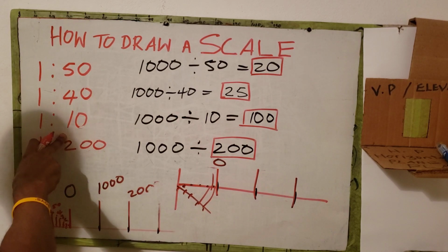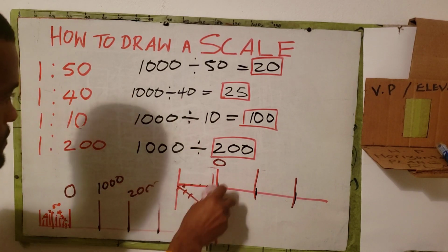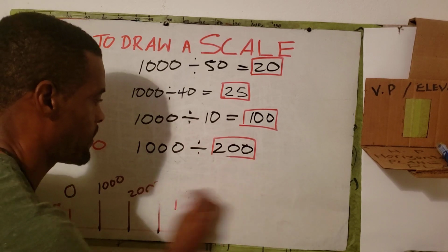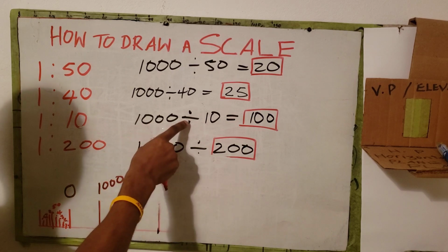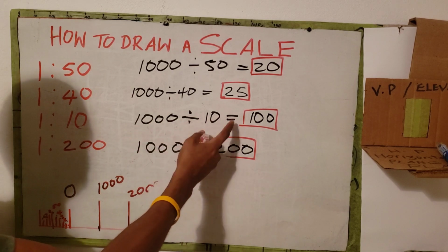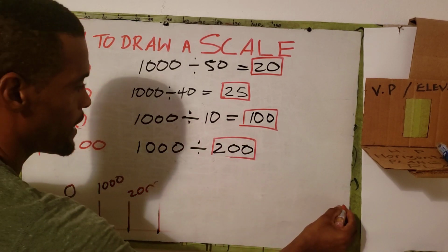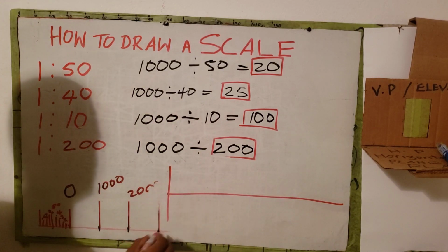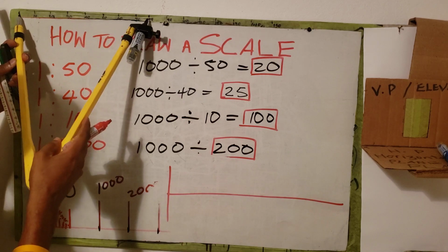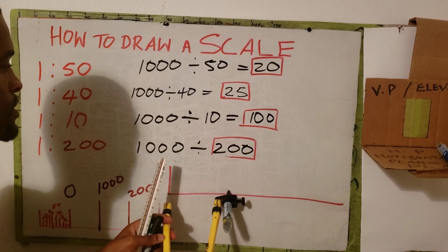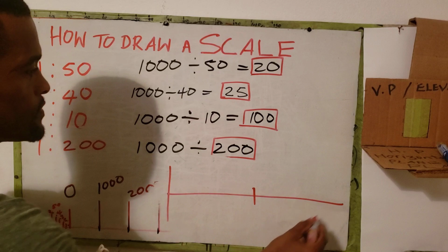On to the third scale. On the third scale, we have 1000 divided by 10 equal to 100. And again, the line is there. You would then open your compass to 100 and you would mark off that distance.